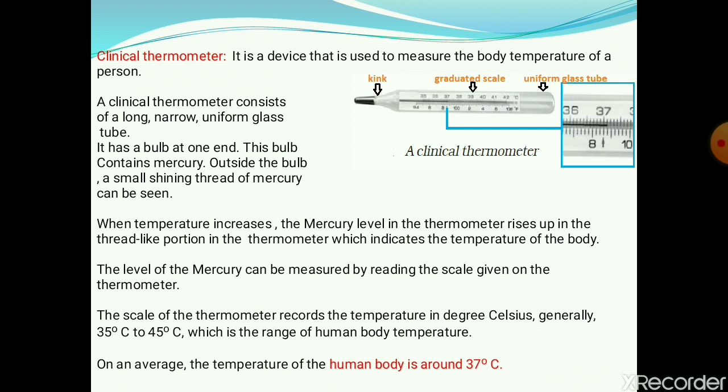It is called the range of the human body temperature. On average, the temperature of the human body is around 37 degrees Celsius. Some persons have a temperature greater than 37 degrees Celsius and some have a lower body temperature.